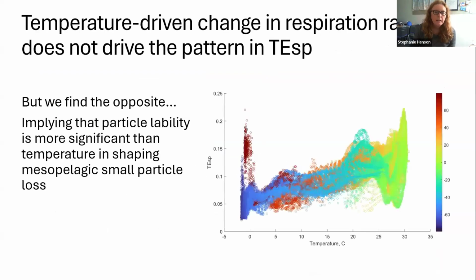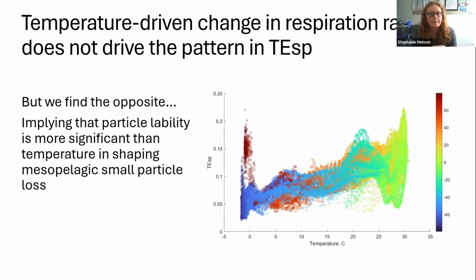So what do we see? Oh, not what we expected again. So what we see here is temperature on the x-axis, and TESP on the y-axis, and the dots are colored by the latitude. And there's loads of dots there, but you can see that with the exception of the extreme temperatures on either end, where something different might be happening, we see a general positive correlation between temperature and TESP.